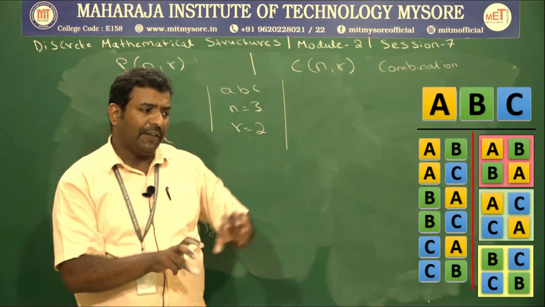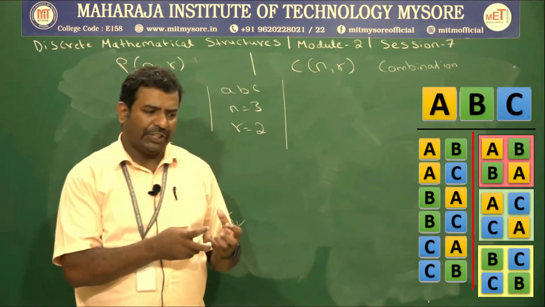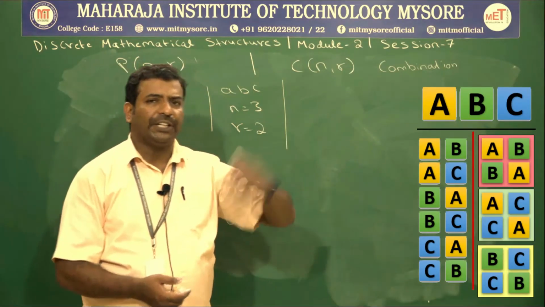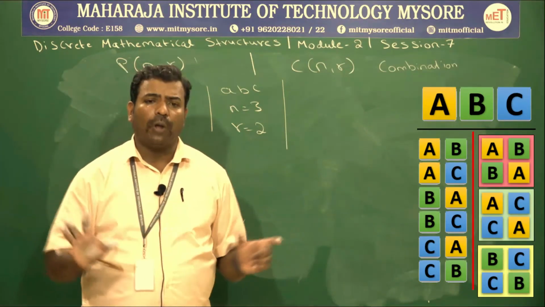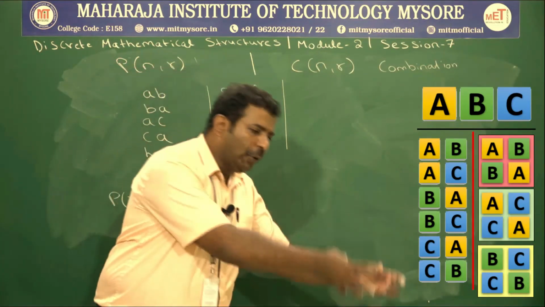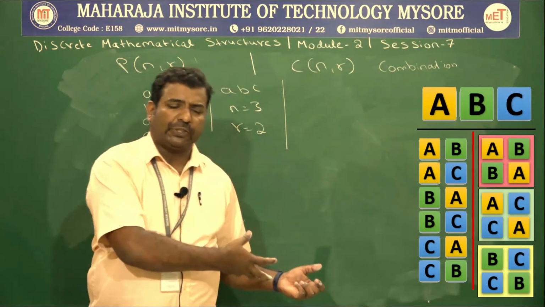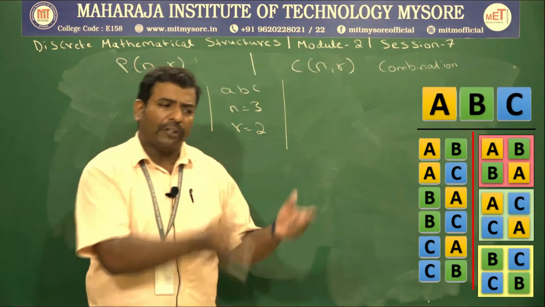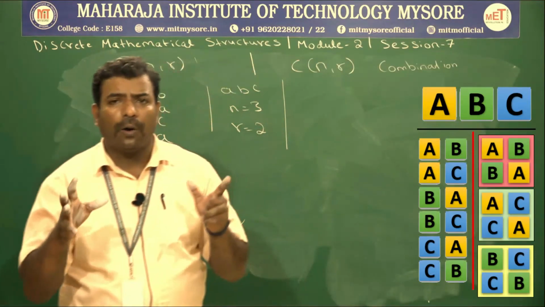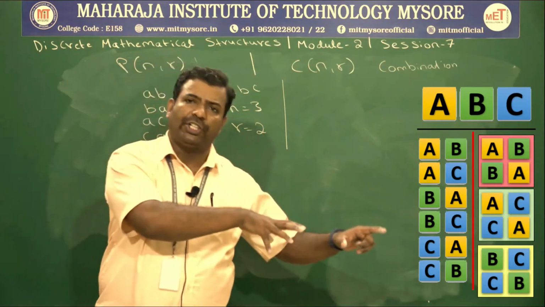I never think about whether I am picking the first object and then the second object, or picking the second object first and the first object next. What all I want is, in any way I need 2 objects. Whether I pick both at a time, first the first object and second the second object, or first the second object and second the first object, I never think about the order. If such is the case, then think about combination.